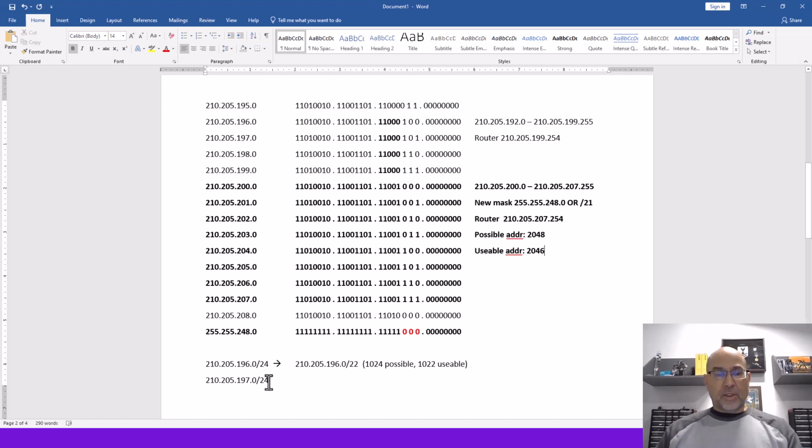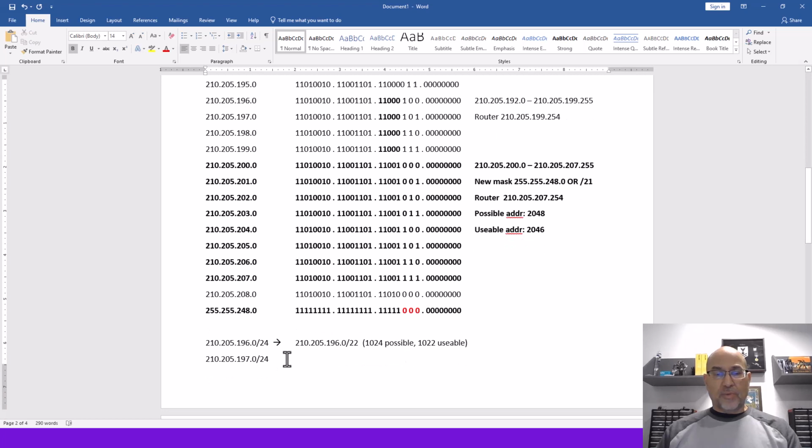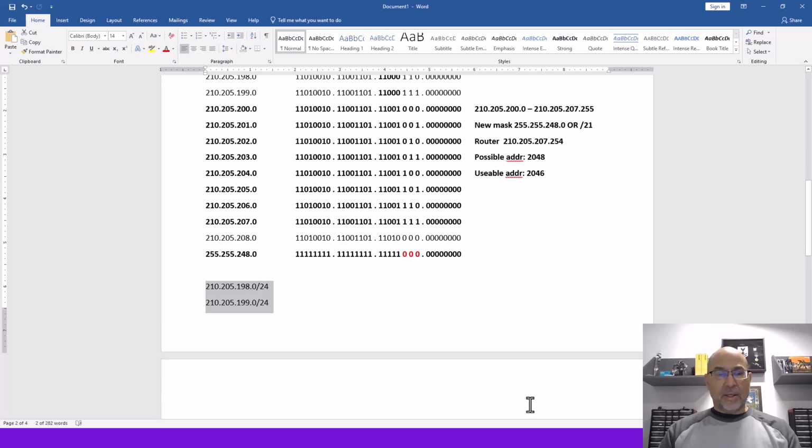Okay, so that means that if we were to glue all of these together in a routing table entry, then one routing table entry where previously we might have had 8: 210.205.200.0/24 all the way to 210.205.207.0/24. So that's 8 routing table entries.